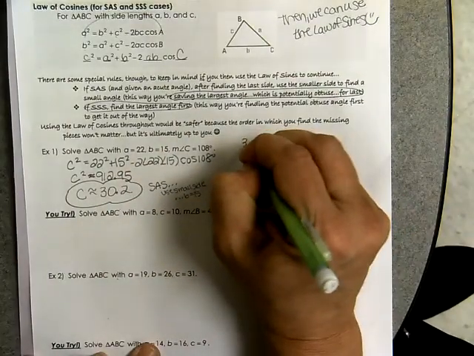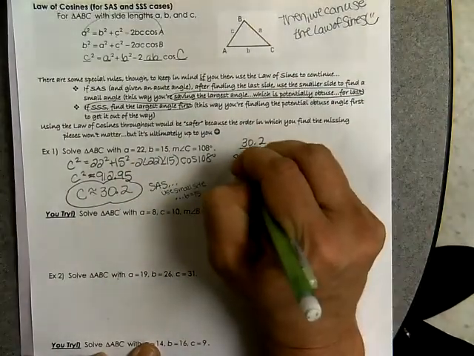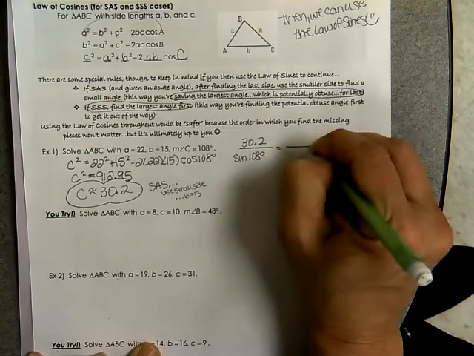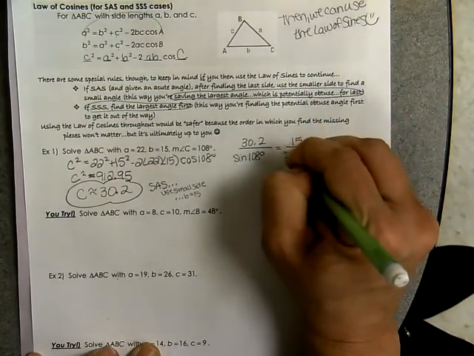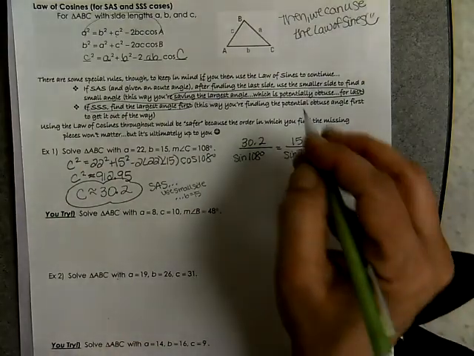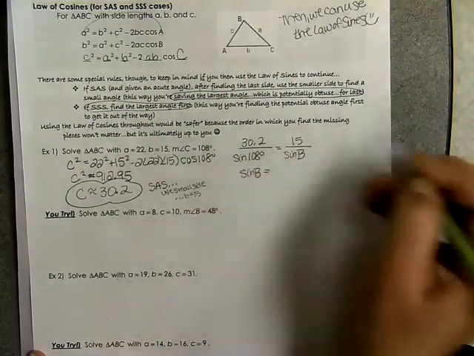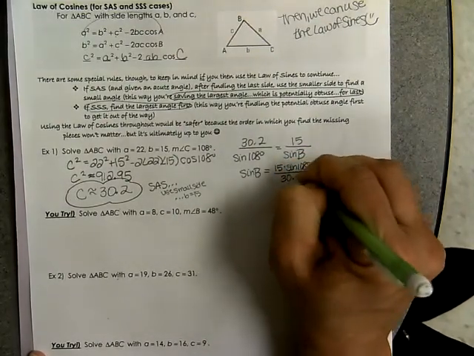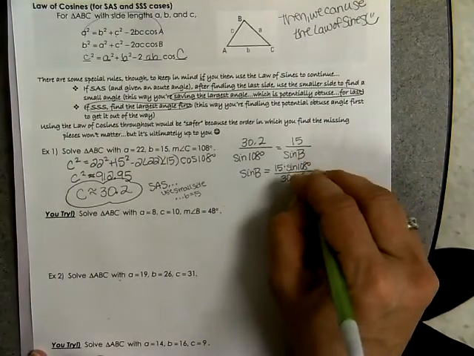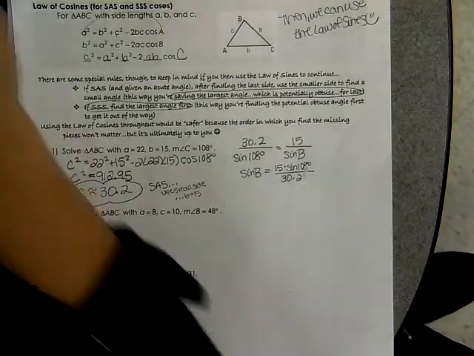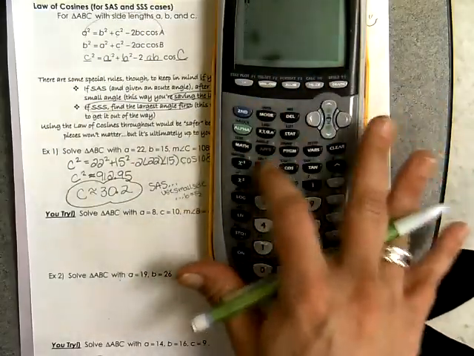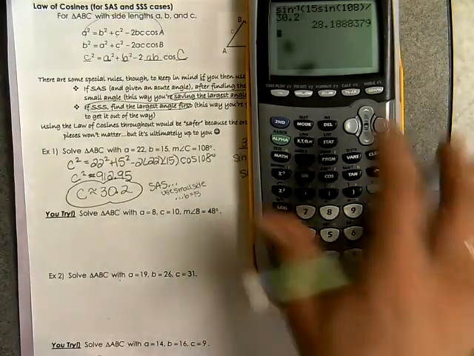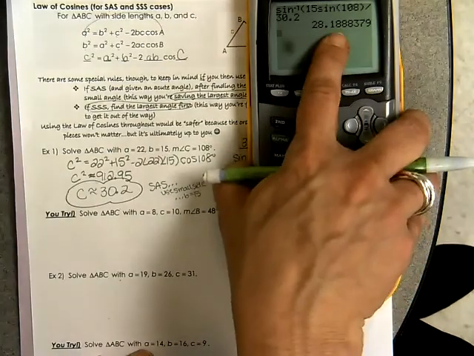So we have 30.2 over the sine of 108, because that is side C and angle C. And now we can set that equal to 15 over the sine of B. So we can do our cross multiplication and isolation, and we'd end up with 15 times the sine of 108 over 30.2 is the sine of B. And now we can take the inverse sine of 15 sine 108 over 30.2, and that gives me about 28.2.